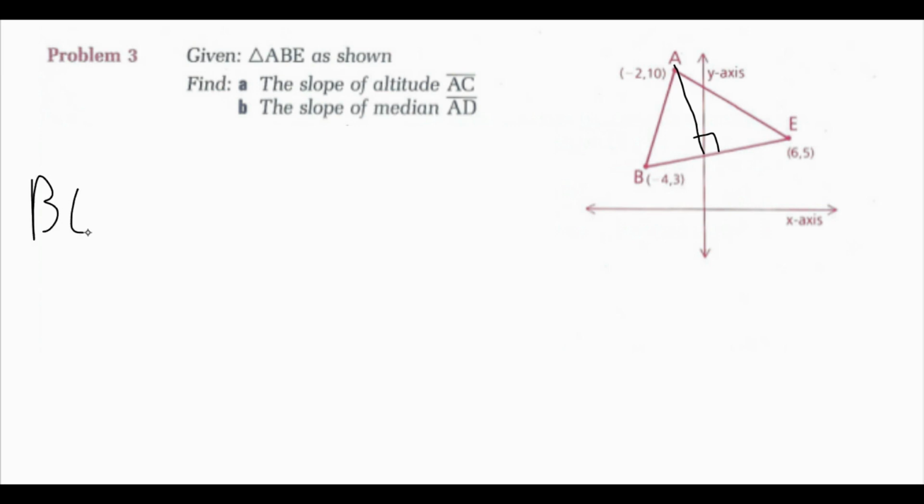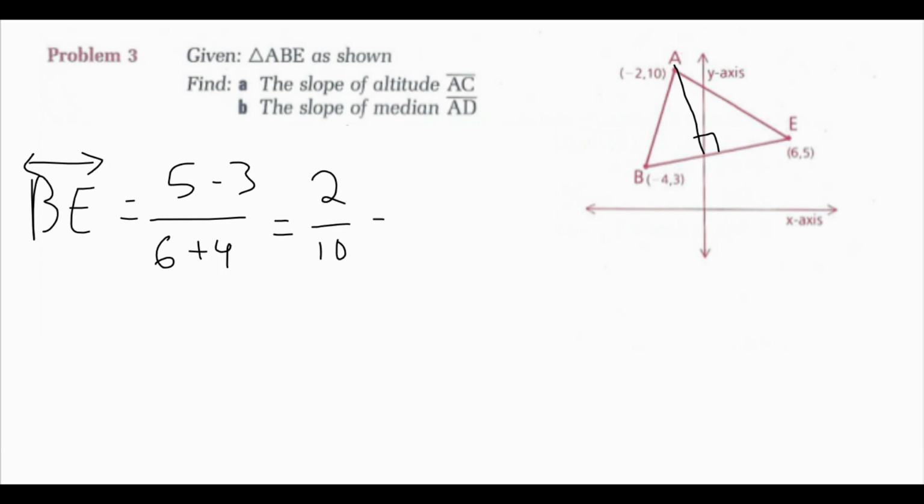So BE, this line's slope, would be (5 - 3)/(6 + 4), which is 2 over 10, which is 1/5. So the slope of AC would be the opposite reciprocal of 1/5, which would be -5.